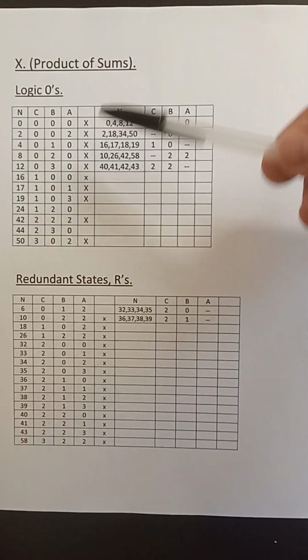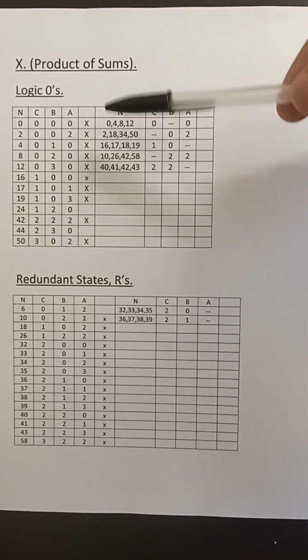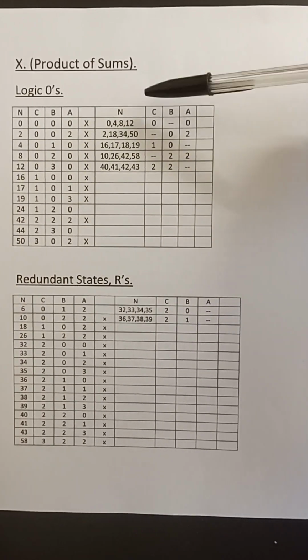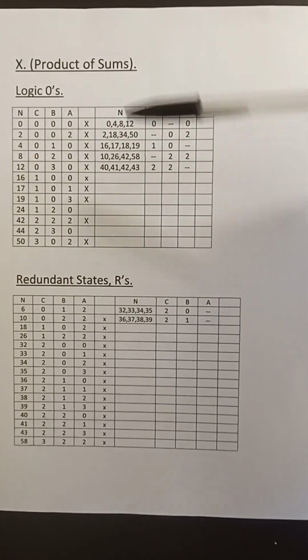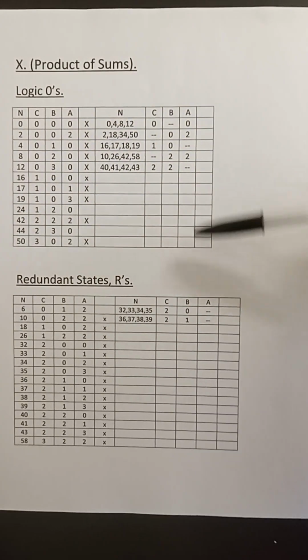So you do that as many times as you can, and once you've used the term, you check it off, and only the unchecked terms go into the prime implicant table.